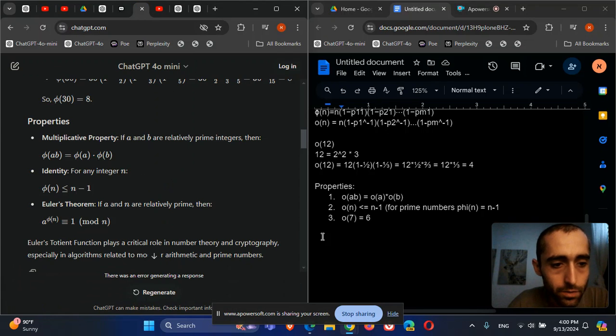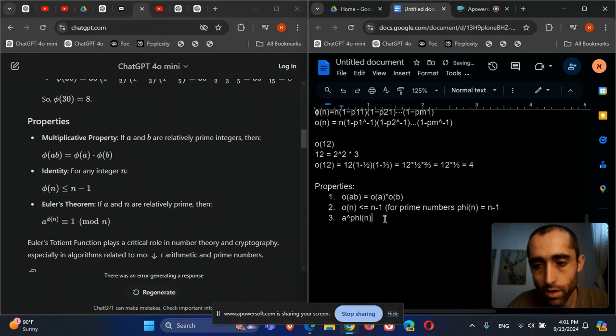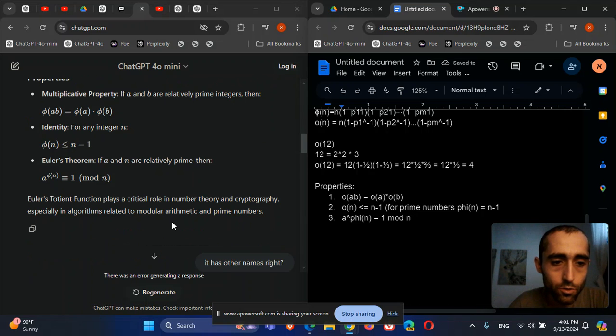Euler's theorem: if a and n are relatively prime, then a to the power of phi of n equals 1 modulo n. Another property of Euler's totient function.